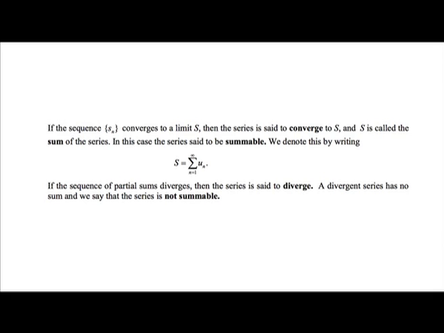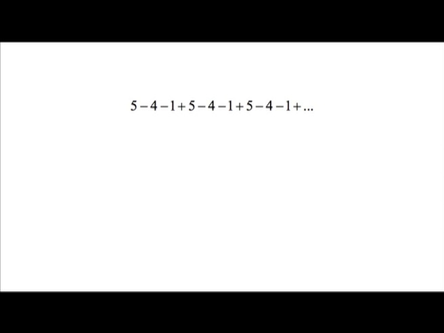If the sequence of partial sums diverges, then the series is said to diverge. A divergent series has no sum, and we say that the series is not summable. We test the convergence of the series 5 minus 4 minus 1 plus 5 minus 4 minus 1 plus 5 minus 4 minus 1 plus etc. Let Sn be the sum of the first n terms of the series.